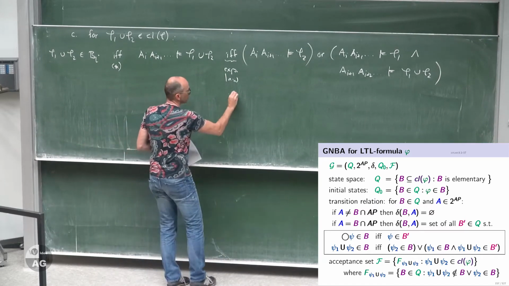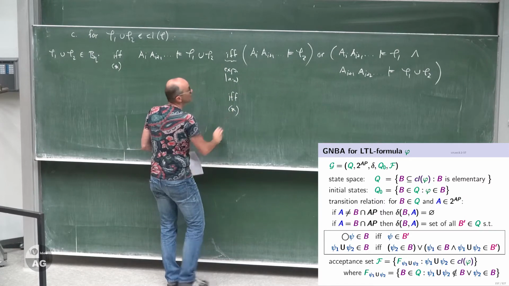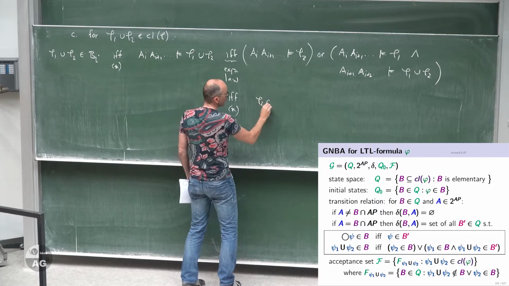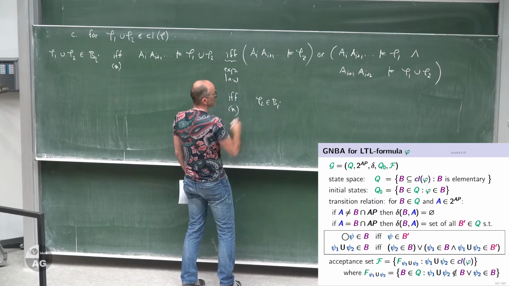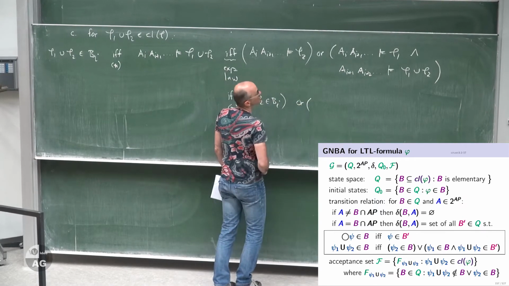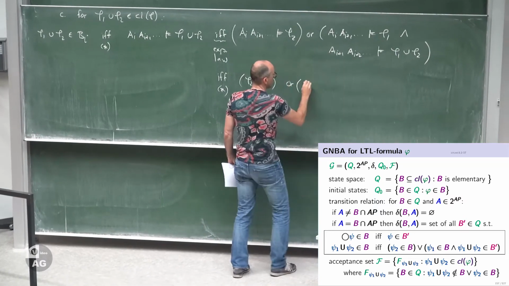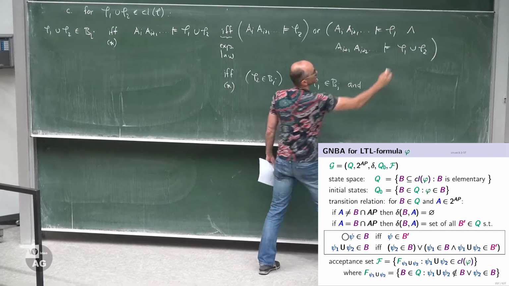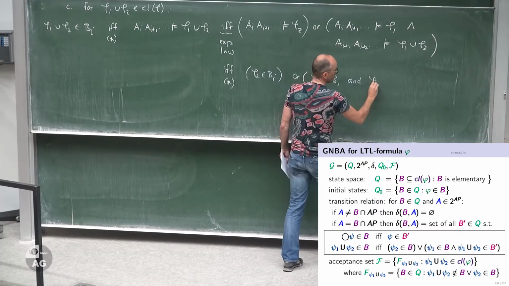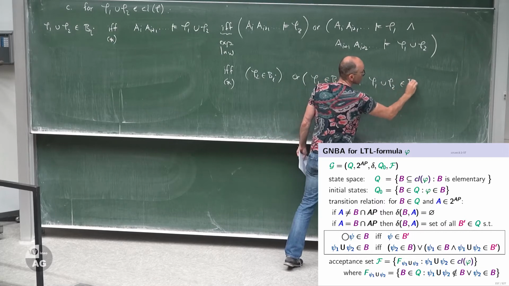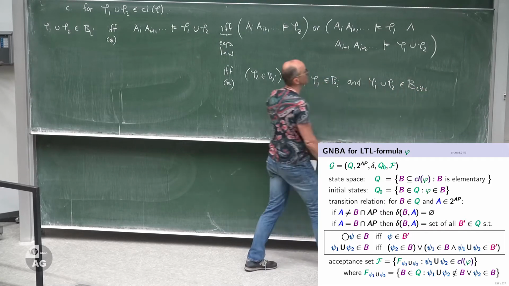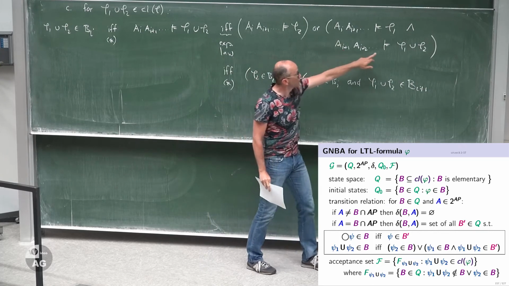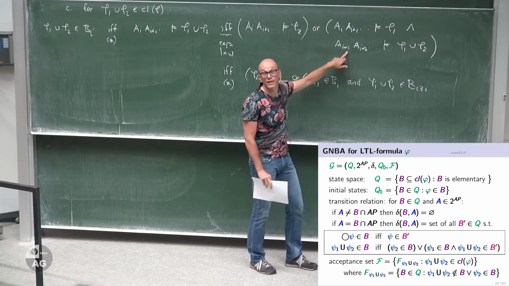Good, but this holds again by star. That means that phi2 belongs to Bi, or phi1 belongs to Bi, and phi1 until phi2 belongs to Bi+1. This is the same as saying Ai should satisfy next, and therefore I've shifted this index by 1.